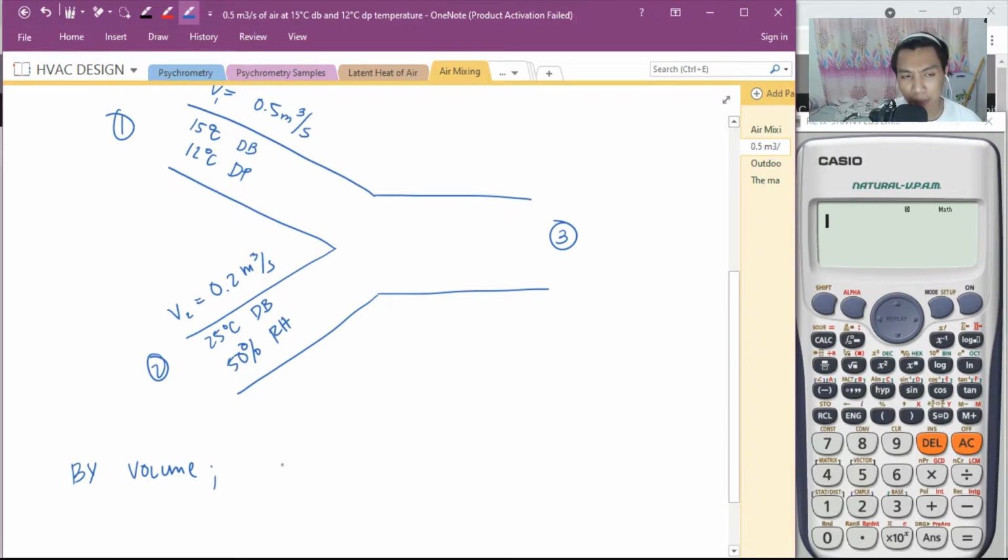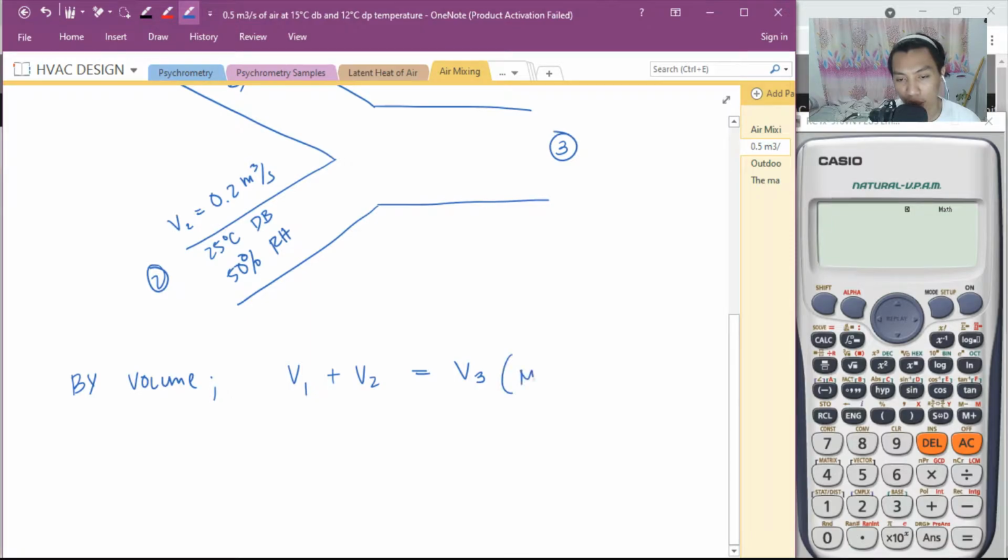Pero I guess, pwede ko bang gamitin to? V1 plus V2 is equal to V3. Yes, pwede yan, ng mixture, okay? Ito impromptu ko sinasagutan. Wala akong copy. So, let us solve. Meron kang 0.5 cubic meter per second plus 0.2 cubic meter per second. So, V3 will be equal to 0.7 cubic meter per second.